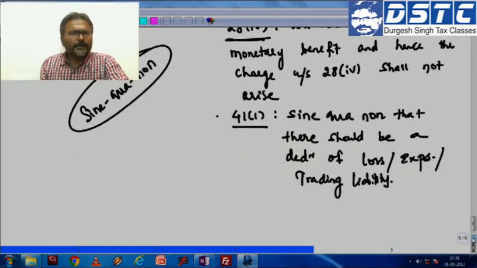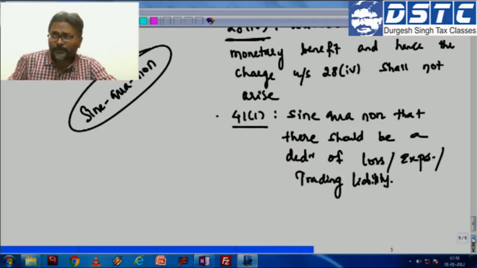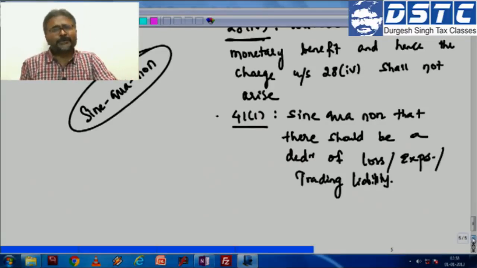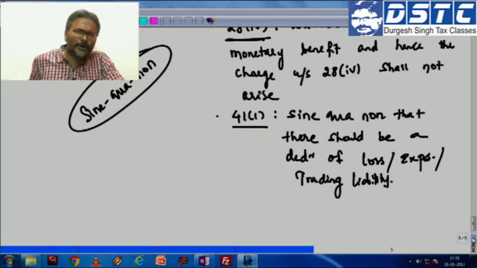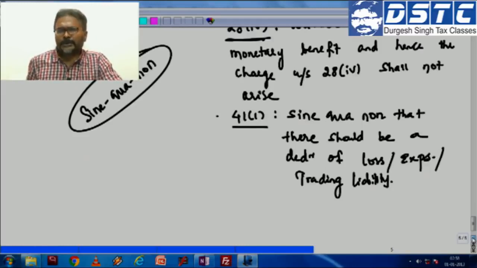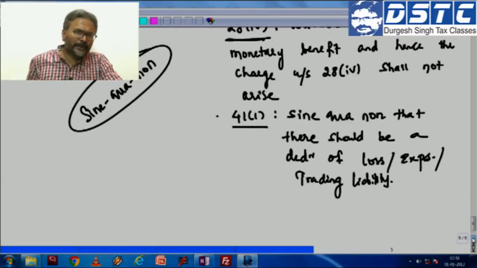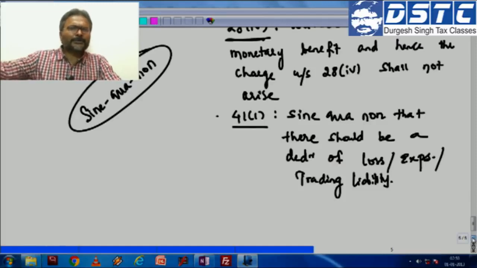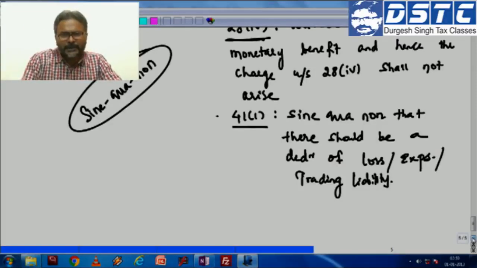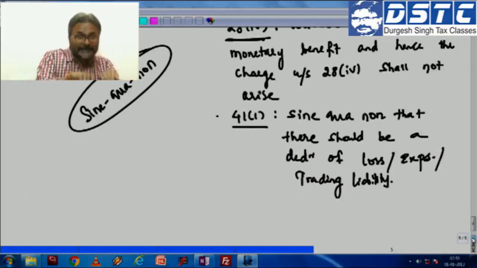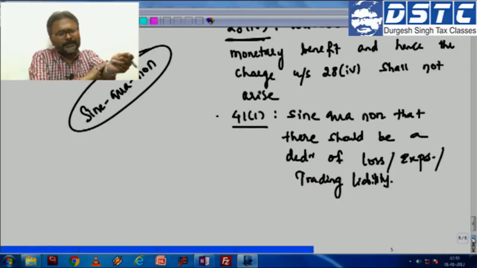Now, whether the assessee got the deduction of this loan amount was a question raised by the Supreme Court, and the answer was no. The assessee did not get a deduction of this particular loan amount. Because in any case, students, a loan is not your P&L debit item.